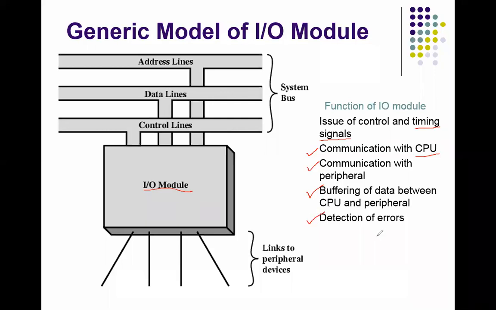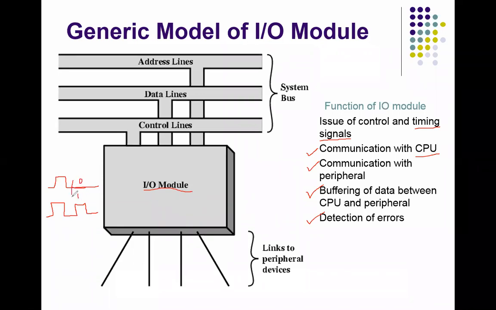Another one is detection of errors. We have to detect errors. Even if your data is moving over a very small distance, an error may occur, right? Like your signal is like this, but it may happen that because of a high electric voltage line, energy is added here, and instead of zero, it becomes one.